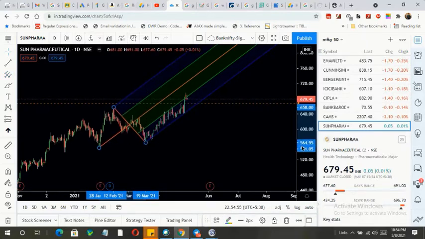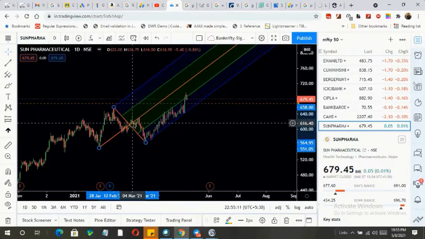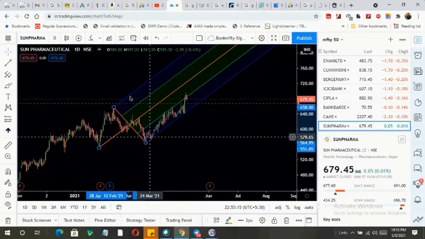Okay, so the pitchfork is identifying the exact support and resistance levels in your stock market trading. If you see, this is the middle line, this is the lower line, and this is the upper line.